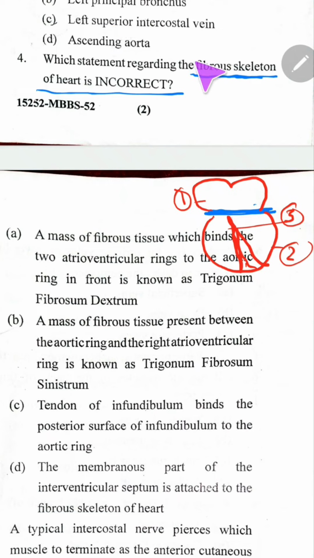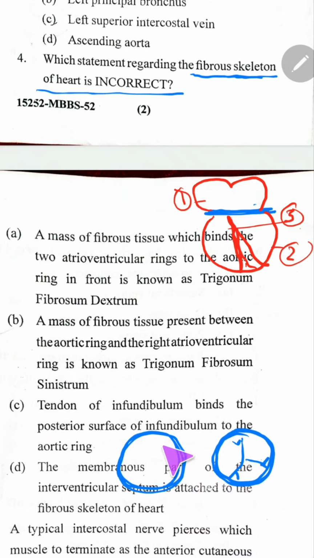Then when you see it from above, it is actually like this. You have an opening here, that is the tricuspid opening. Then you have the mitral opening. Tricuspid, you can draw it like this. It has 3 walls, right?